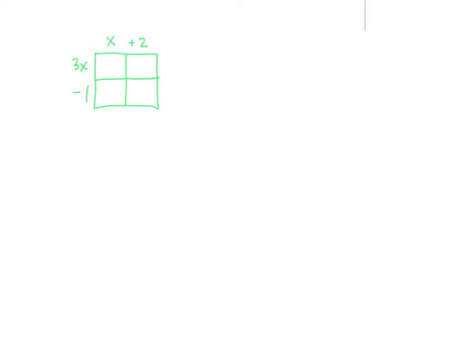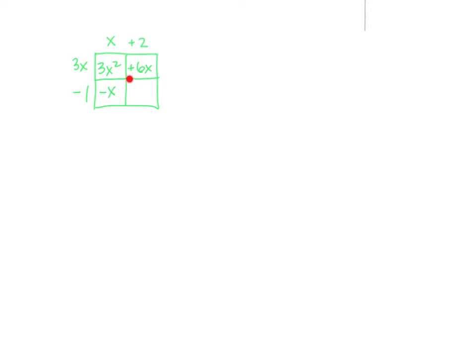So if we wanted to take these two factors and multiply them together, this box would be x times 3x, or 3x squared. This box would be 2 times 3x, or positive 6x. This box here would be x times negative 1, which is a negative x.